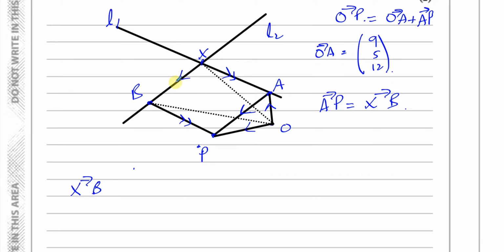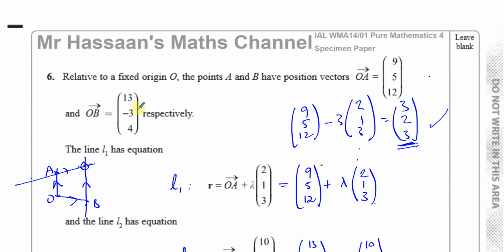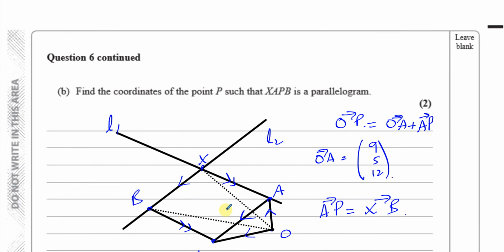We want to find X to B. So X to B is like going from X to O and then from O to B. So X to O is like minus OX. So what we can say is it's like OB minus OX. Now O to B we already know from the first part of the question. O to B is 13, minus 3, and 4.